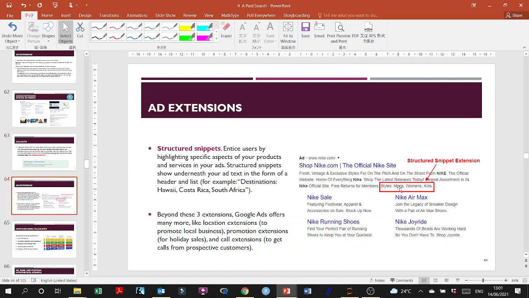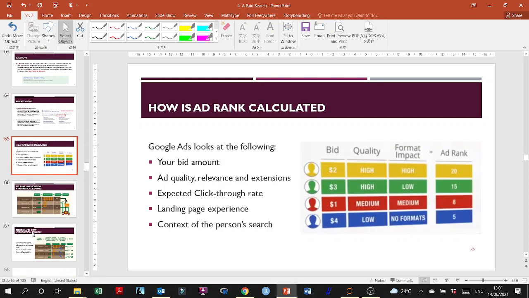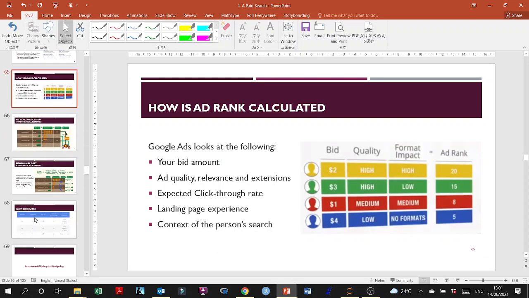Then we have the structured snippet kind of extension. Structured snippet depends on how your men's, women's, different styles, different categories are on your site. Then I talked about how Google ranks the advertisements, or the paid search advertisements.